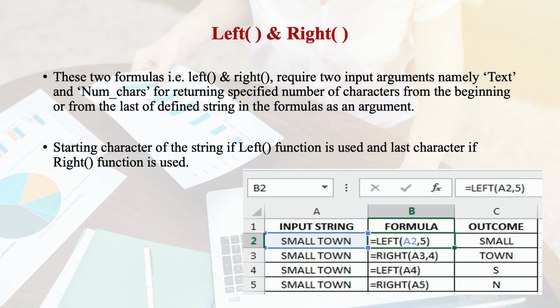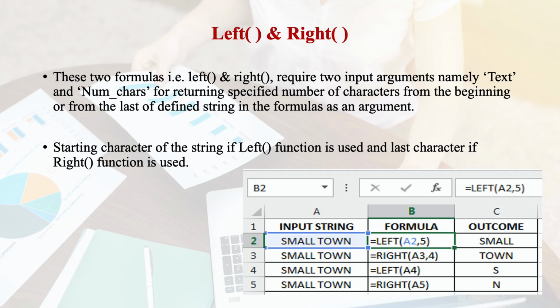In the parentheses I pass two arguments, that is the position of the string on which the formula is to be applied, and that position is A2. And if I pass the number of characters up to which I want the left data, say 5, then the return value will be small, and SMALL, they are 5 characters. If I pass the value 4, then SMAL will be returned.